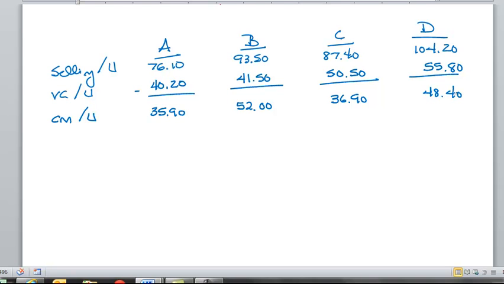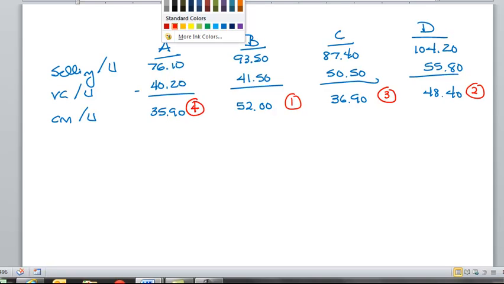Now, if we were not limited by constraint, we could produce B first, then D, then C, then A. Next, we want the number of minutes it takes per unit.